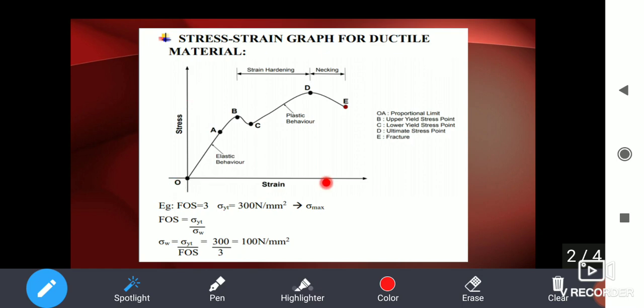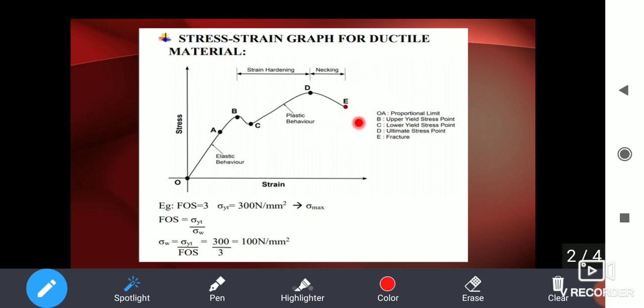Ductile material will be failing at the point E. Once the material reaches the maximum stress, which is at the point D, then looking at this graph, after that it can break anywhere.